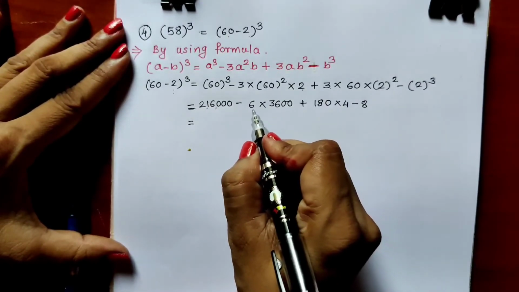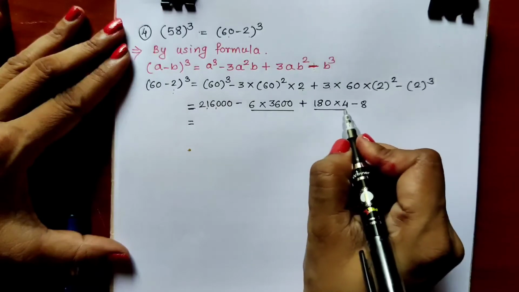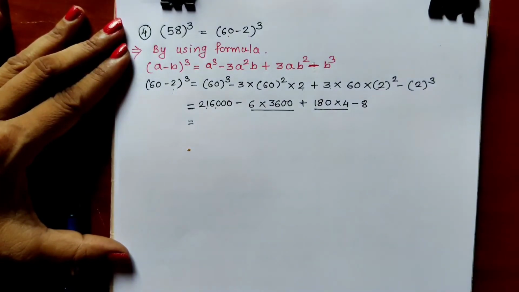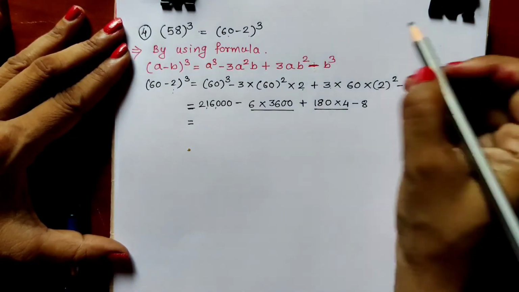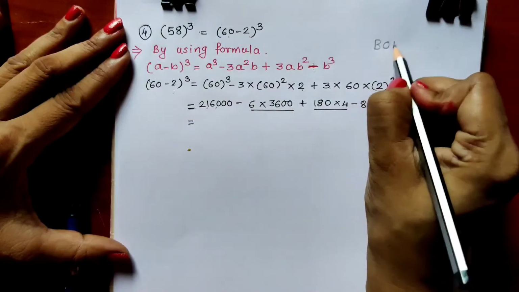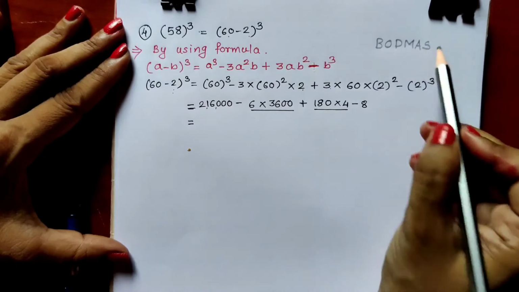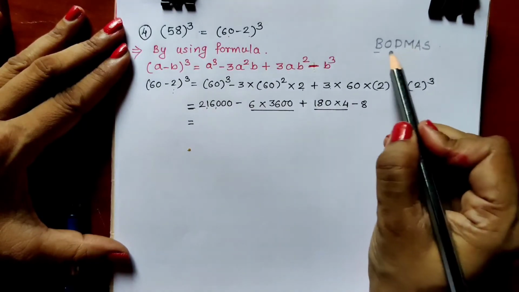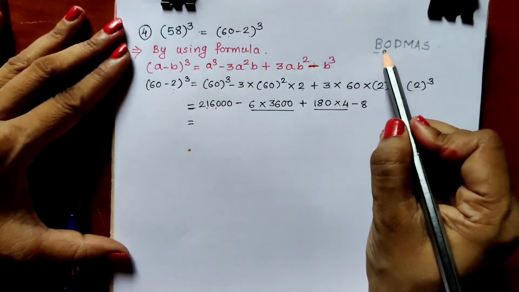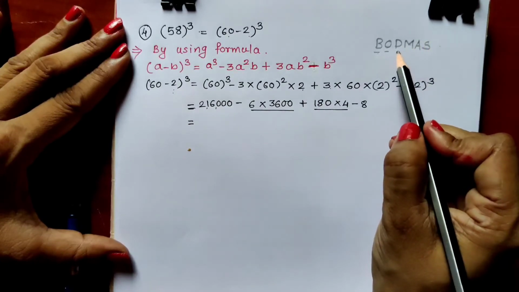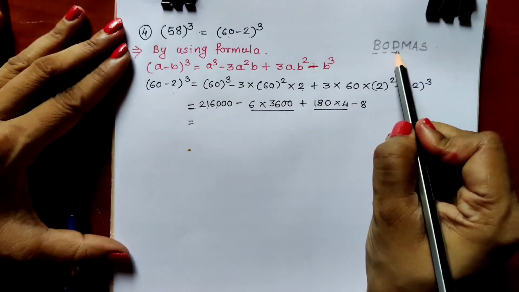Now we will do this multiplication first, as we will have to apply the BODMAS rule always. Always apply BODMAS rule. This is called BODMAS. So bracket we have to solve first if bracket is there. After that, of we have to solve. If division is there, first we have to solve division.